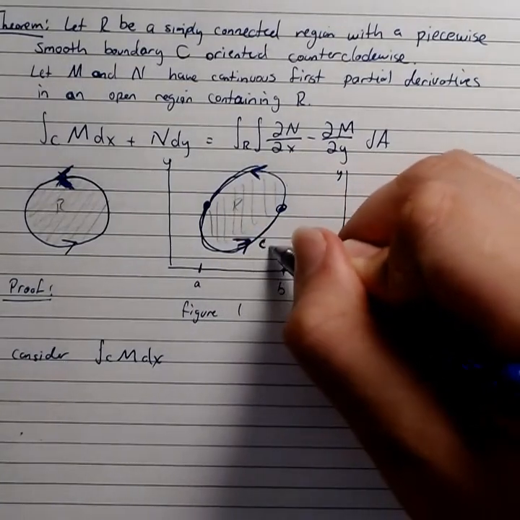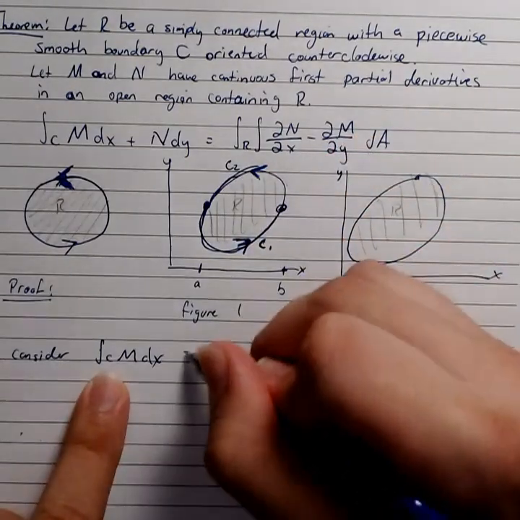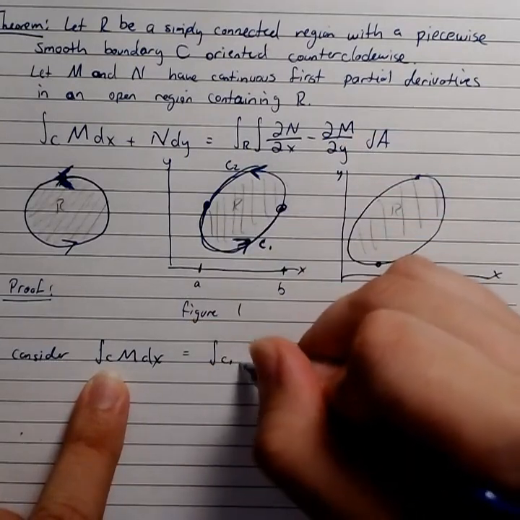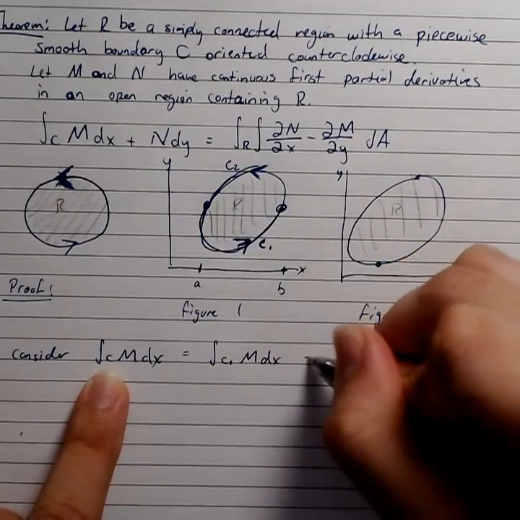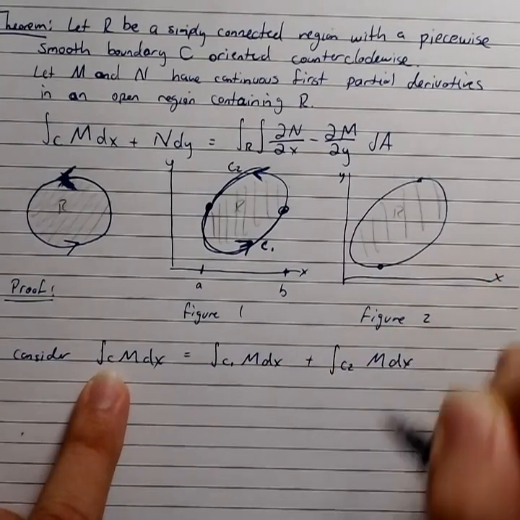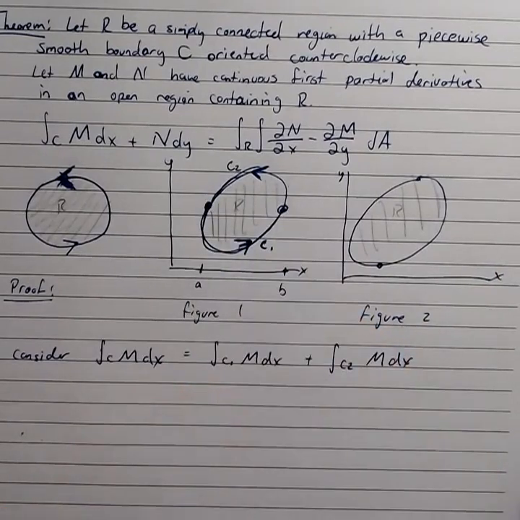Let me call this C1, and I'll call this one up here C2. So this contour is really the sum of these two. It's going to be the integral over C1 of M dx plus the integral over C2 of M dx. And if I add that one with that one, it gives me the whole contour. Okay, straightforward enough.